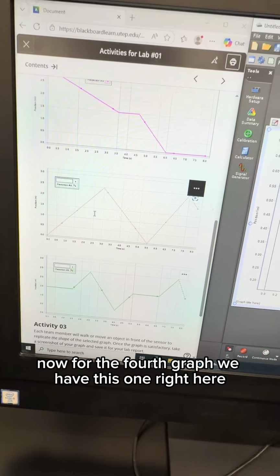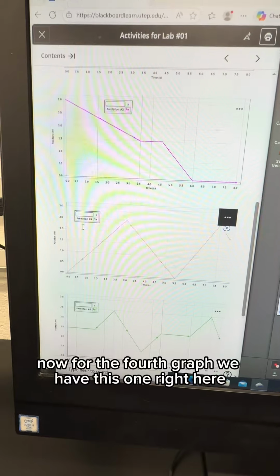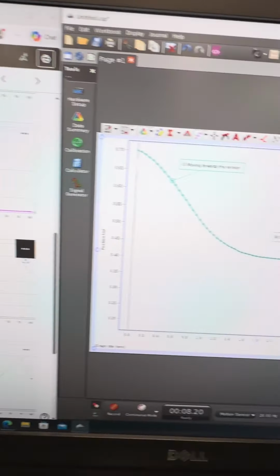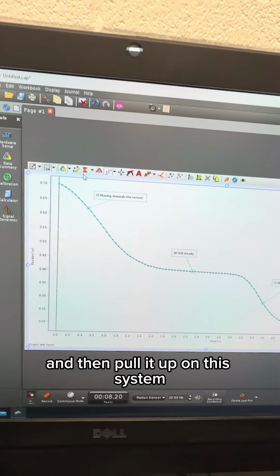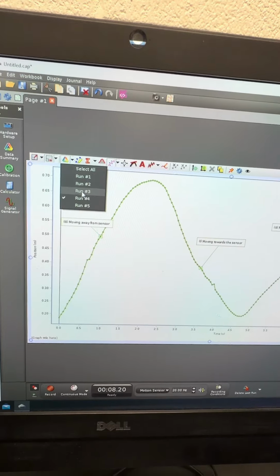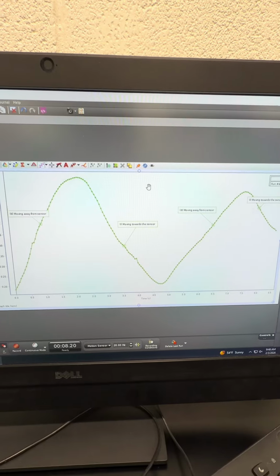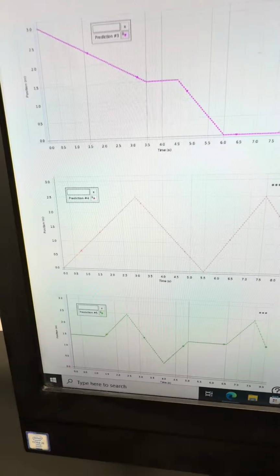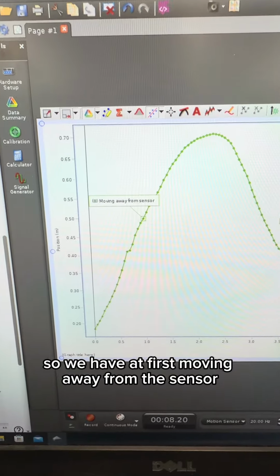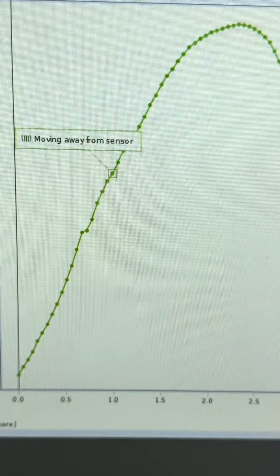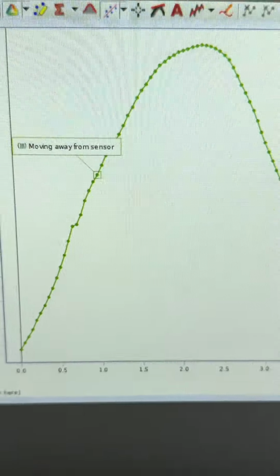Now for the fourth graph, we have this one right here. It's kind of like triangles. Pull it up on this system. This is the closest we can get to that. At first we're moving away from the sensor, which would be going up.